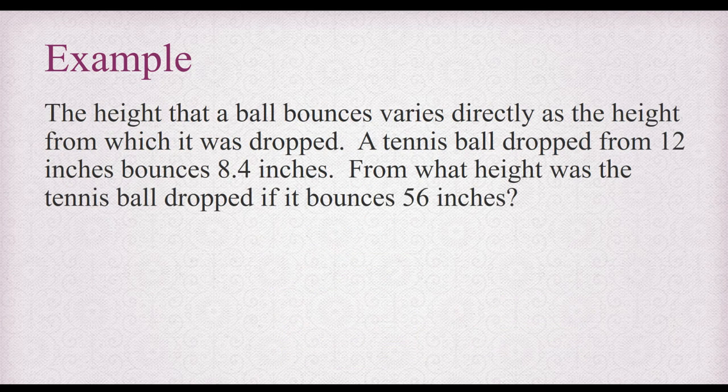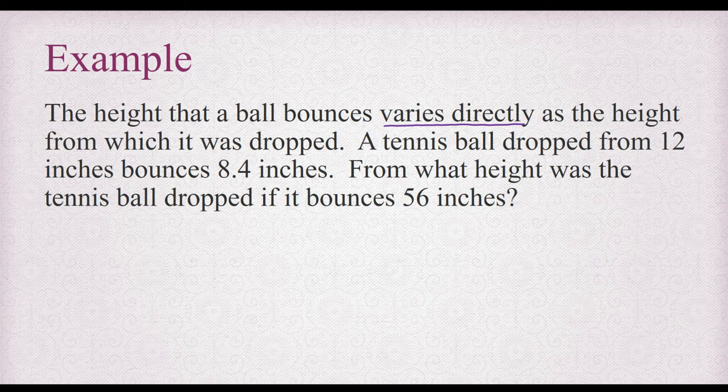Okay, let's look at another example. It says the height that a ball bounces varies directly as the height from which it was dropped. So we're talking about a varying directly. So this is actually taking us back to the very first type of problem that we talked about. Okay, so depends on what you want to use for variables.